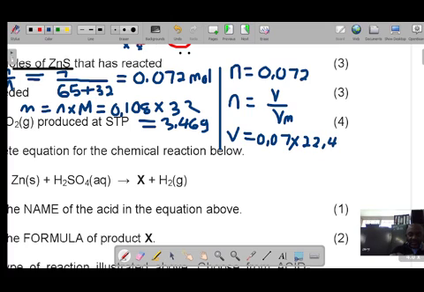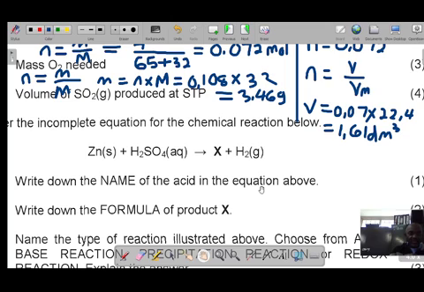So which answer do I get here? 0,072 multiplied by 22,4 gives 1,61 decimeters cubed. Okay, so this is the volume of the sulfur dioxide gas produced at STP. Let us proceed. We are almost done.